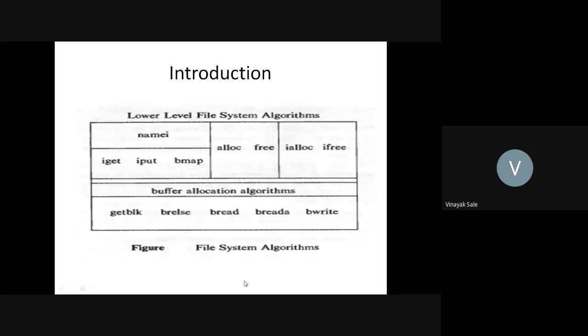So these buffer allocation algorithms we have to study along with the namei algorithm. The namei part contains three parts of algorithms, that is, iget, iput and bmap.